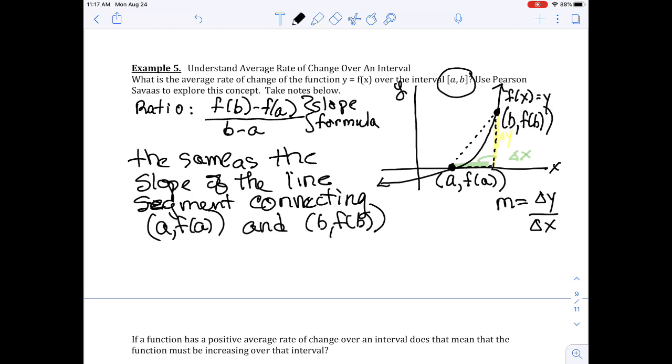So average rate of change is just the slope of the line segment.